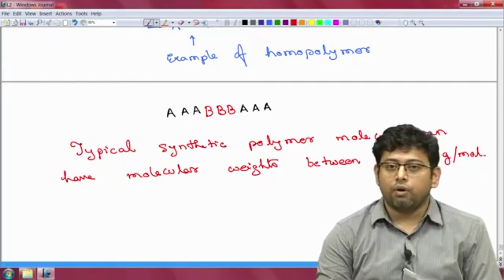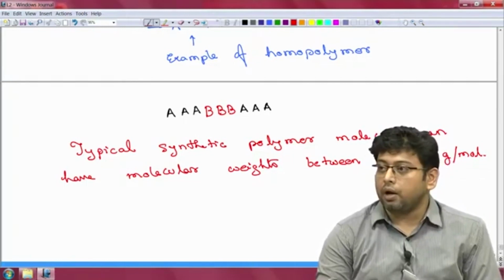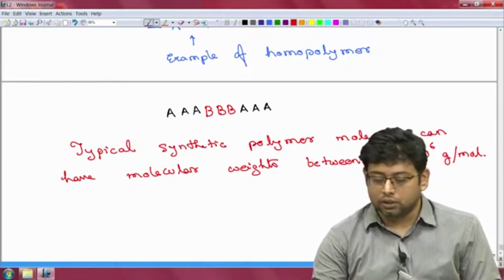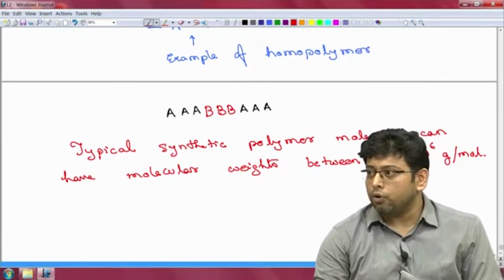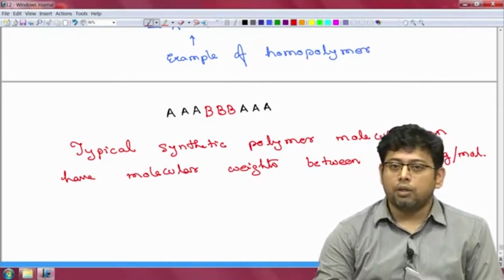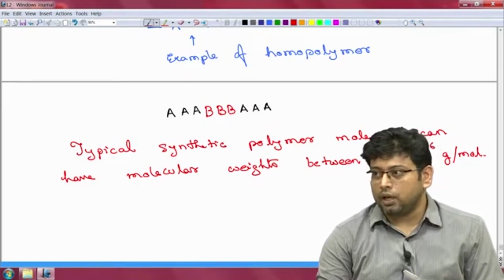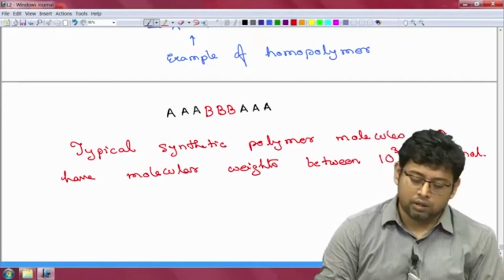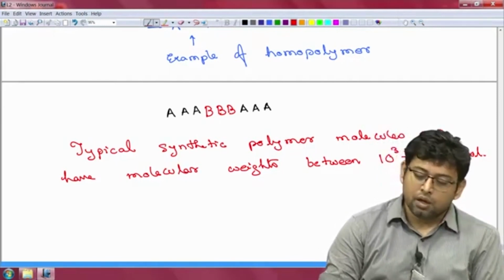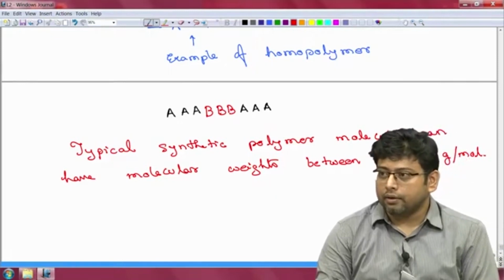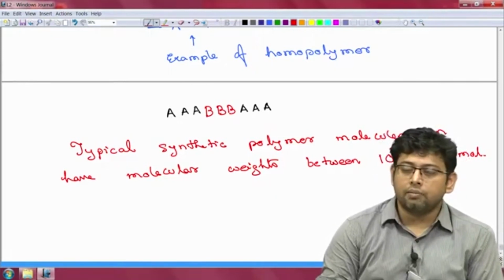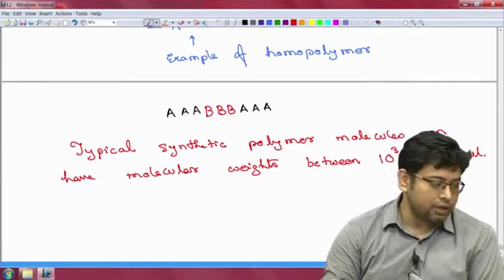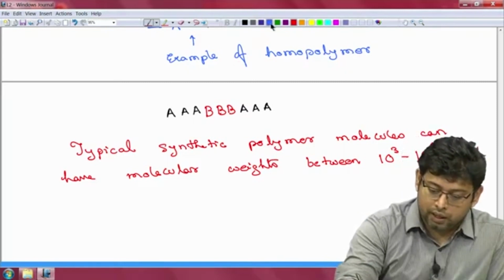You can also have a process of fabrication in which all the polymers have the same number of repeating units, and in that case you would call it a monodisperse polymer, because all the polymer molecules have the same n, the number of times the mer is repeated. But usually you would not get that. In any manufacturing process, you are not likely to get a set of molecules which have the same molecular weight. So, we quickly discuss these two terms.